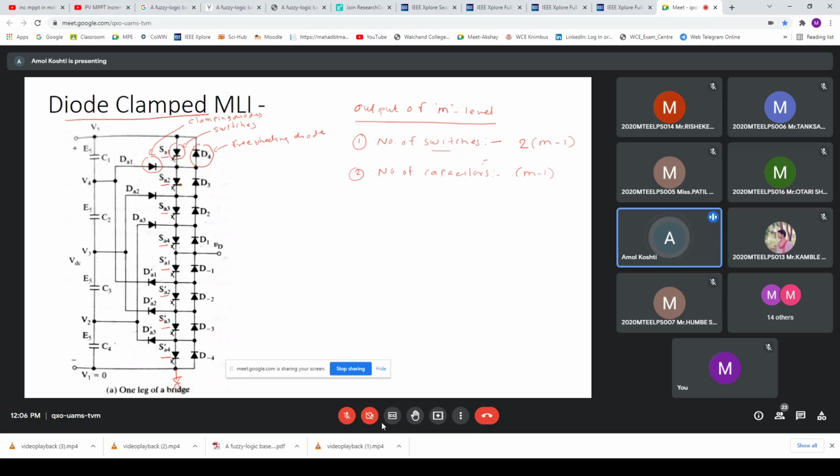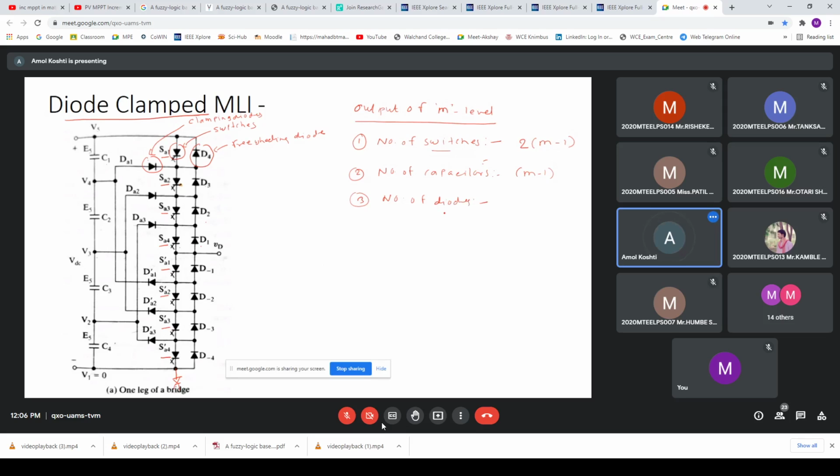We can produce the output, but the size of the circuitry and the complexity of the circuitry increase. So these are the formulas for the clamping diodes. How many diodes do we want?